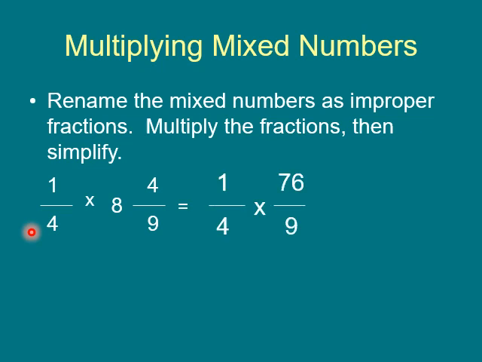Una natin gawin, si 1/4 kopyahin. Then, itong si mixed number, ita-translate natin sa improper. Paano ba natin makukuha ang improper? Ganito lang kung paano makuha ang equivalent fraction. Denominator, multiply by the whole number, okay, plus numerator.